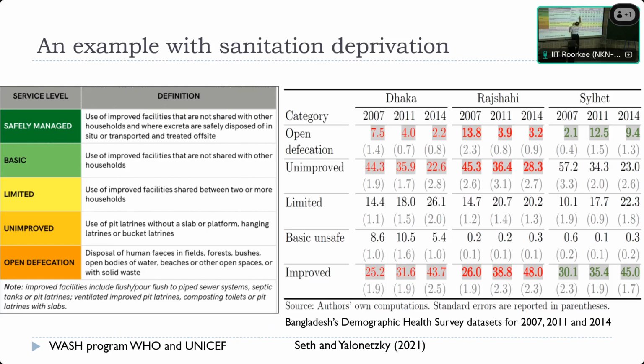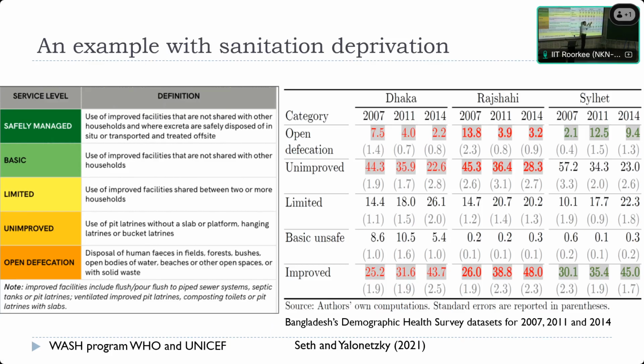So these are, you can see the color coded how things have gone down slowly in each category. Here you can see the improved one, they are actually improving. So it looks like these sanitation facilities are actually improving, at least in this highest category. Similar trend follows here.